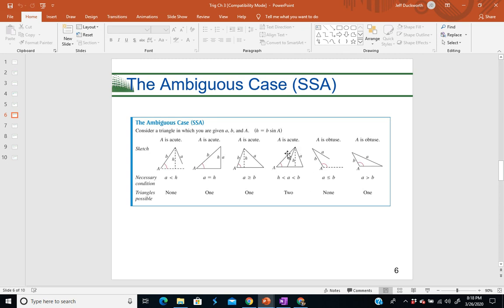So you can see here b would be the hypotenuse of this obtuse triangle here, and for the acute, b would be bigger as well. And I will do some examples of this in the next video.